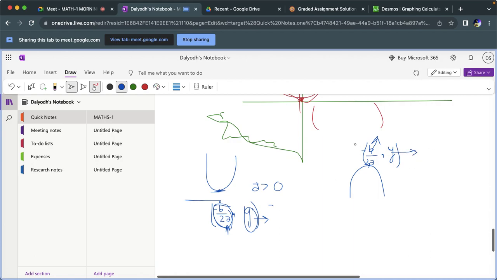If you draw it like this, this is the maximum value of y, and this is the point of maxima.